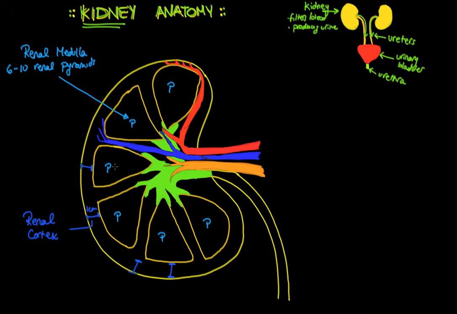Now, in between each of those pyramids, we have what we call the renal columns. And so the renal columns just kind of are extensions of the cortex that go in between each of those pyramids. So I'm going to write renal columns in between pyramids.